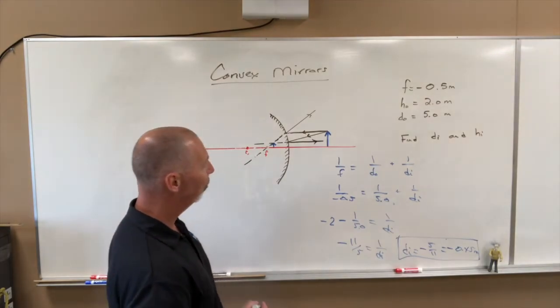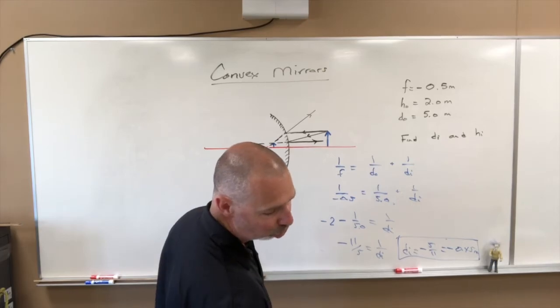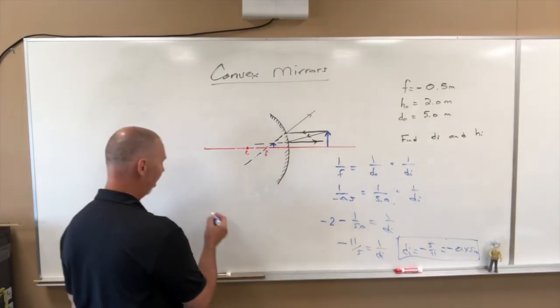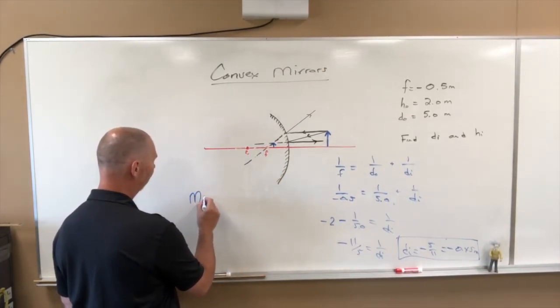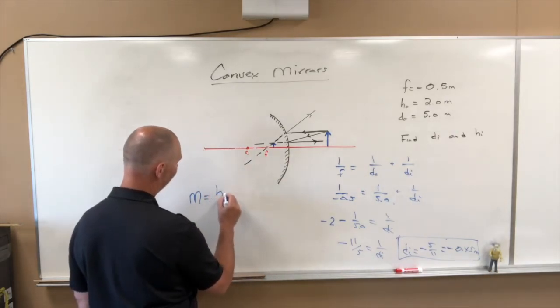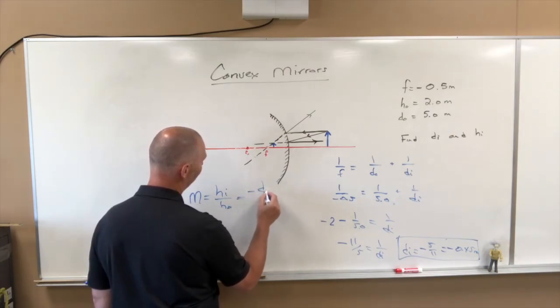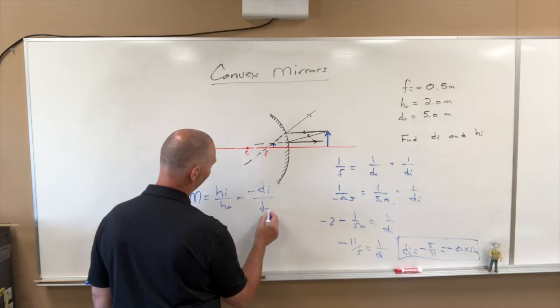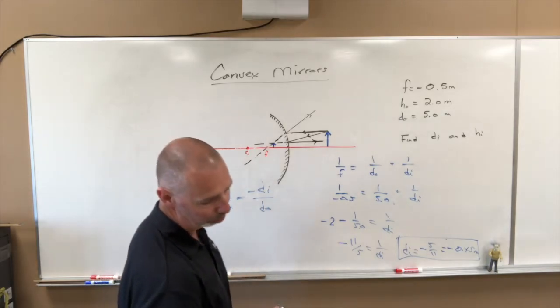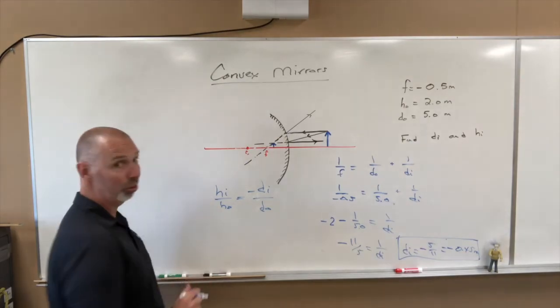All right, now we're going to find our height of the image. And so to do that, we're going to use the magnification formula. So again, magnification equals HI over HO equals negative DI over DO. And so we're going to plug this in, again, we'll forget about the M part, we don't need it.